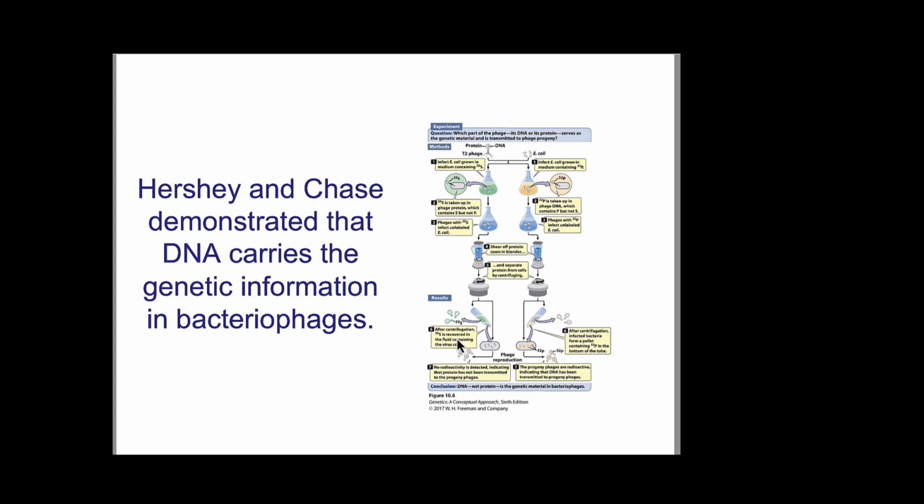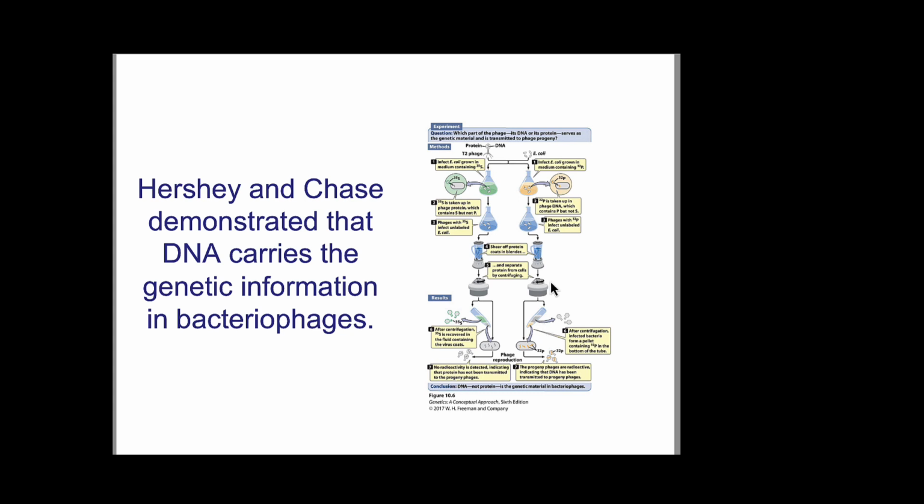In the S35, after centrifugation, the radioactivity of S35 was recovered in the fluid containing the viral coats, but no radioactivity was detected in the progeny, the offspring. Okay, so this was an indication that potentially protein was not the transforming principle, because the radioactivity should have been identified in the progeny, and it was not.